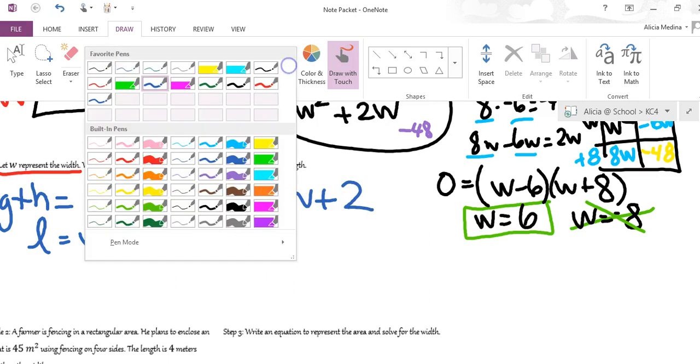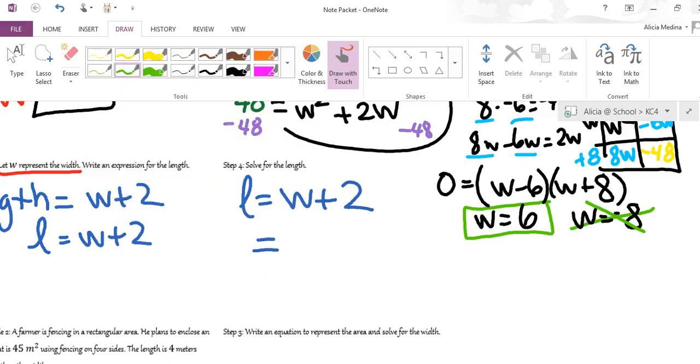So our length is going to be our width, which we just said is 6, plus 2. So our length is 8. We could put units on here. So length is 8 meters and our width is 6 meters.